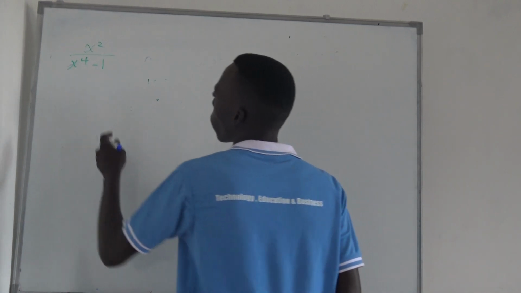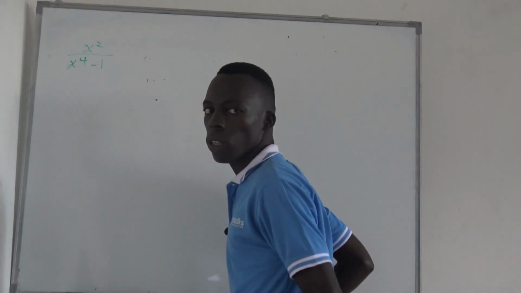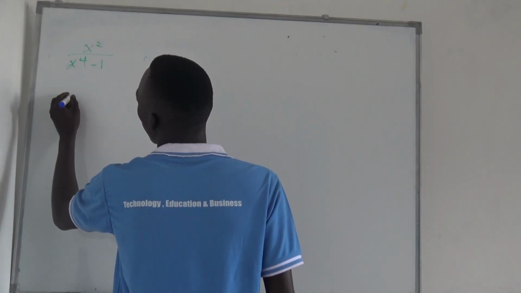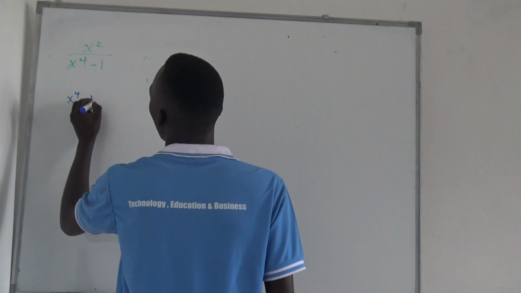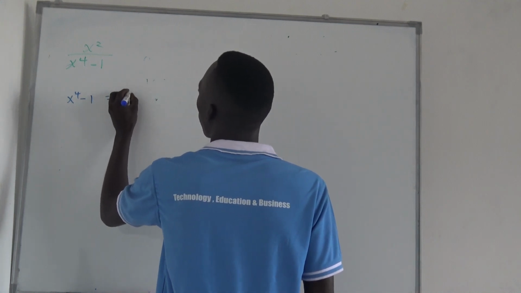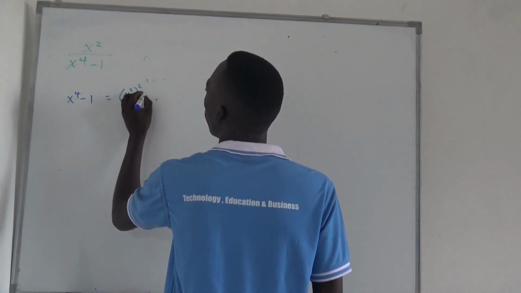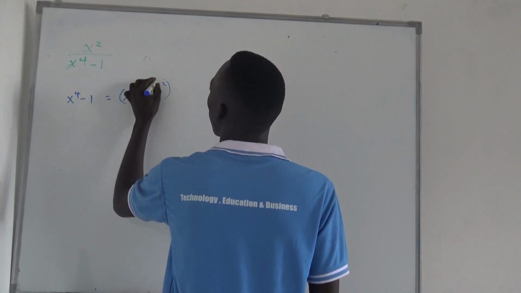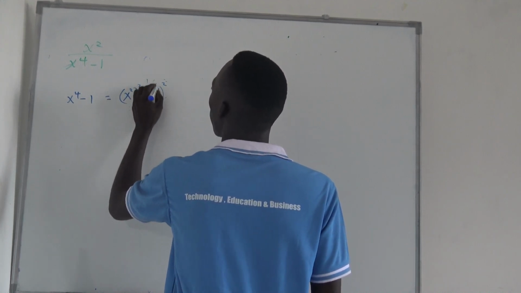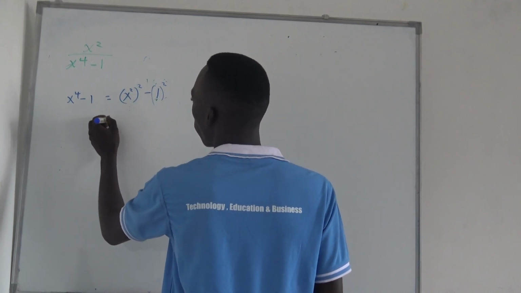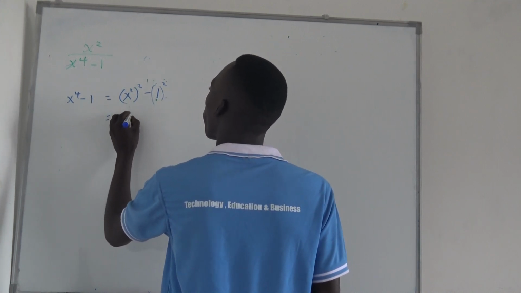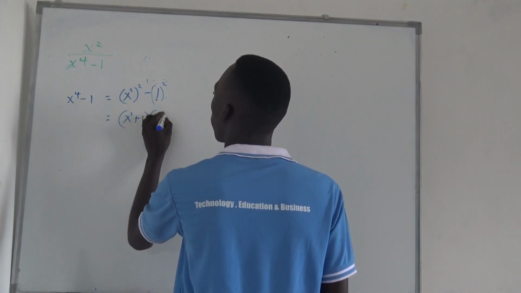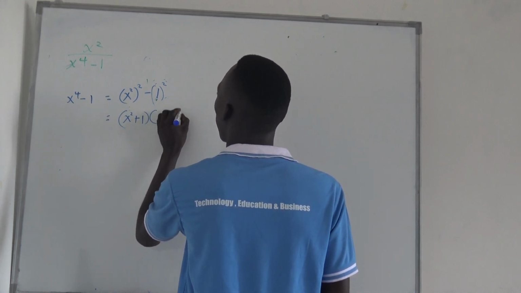We first see whether this one can be reduced into its simplest form. Like for this case, x power 4 minus 1 is the same as saying x squared, the whole thing squared, then minus 1 squared. So this is the difference of squares, which will be x squared plus 1 times x squared minus 1.